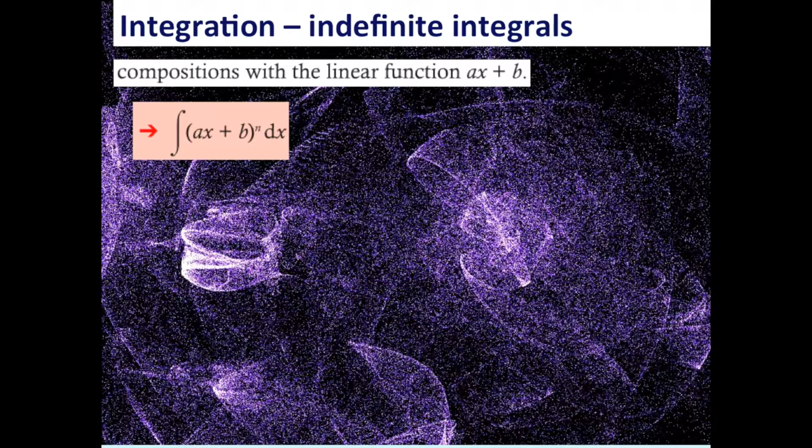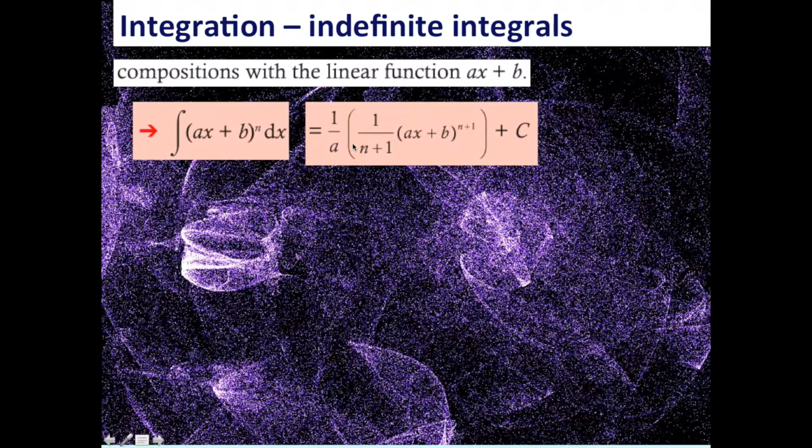However, if you think back to the chain rule, if you were to differentiate this, you would also multiply by the derivative of the function inside. So if we raise this to the power of n + 1, the derivative would be (n + 1)(ax + b)^n multiplied by the derivative of the function inside using the chain rule, which would be a.